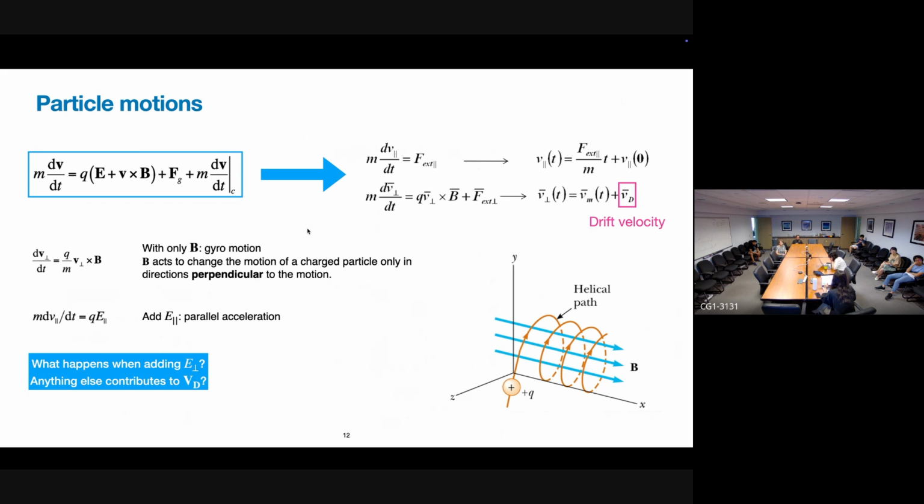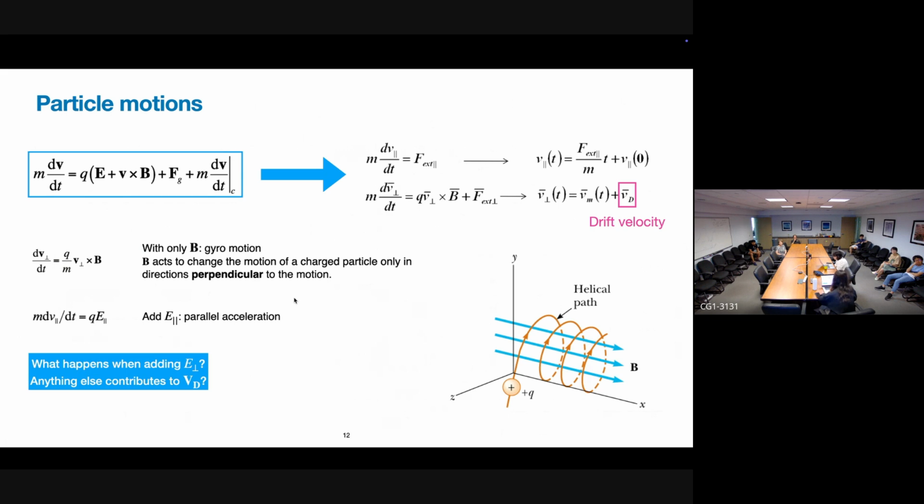The simplest case would be a homogeneous uniform magnetic field, and the particles would just gyrate around the field, which is the gyro motion. For the parallel direction, the simplest case would be a parallel electric field, which can accelerate or decelerate particles along the direction of the field line. Those are the two very basic motions for particles.